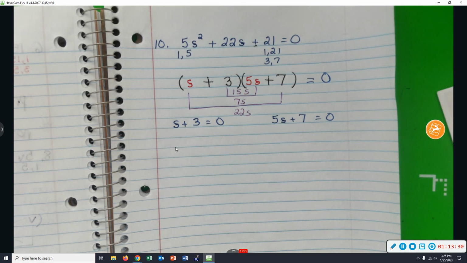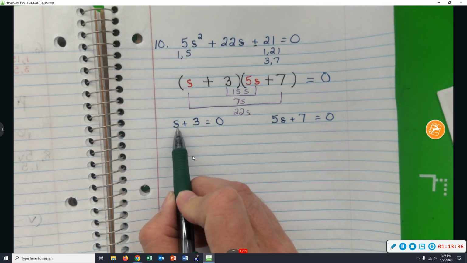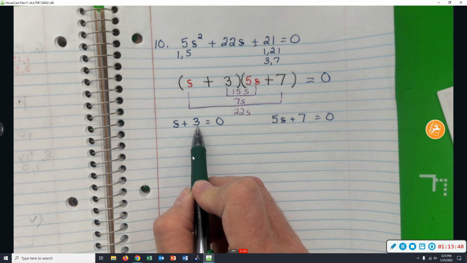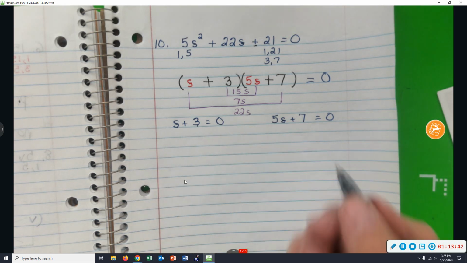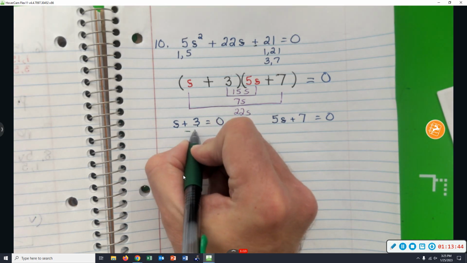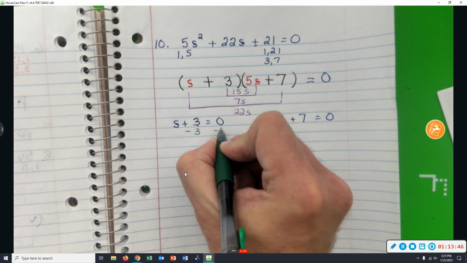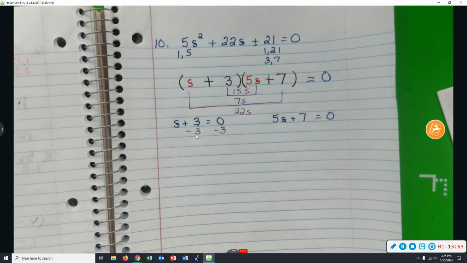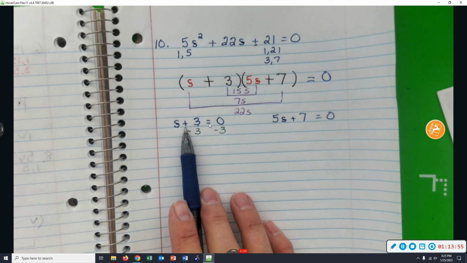Now, do y'all remember how to go about isolating a variable? What would I need to do to get this s by itself? Subtract 3. You do the opposite operation to both sides, beginning with addition and subtraction. Why are we subtracting? I'm isolating the variable. Think of that equals as a scale.